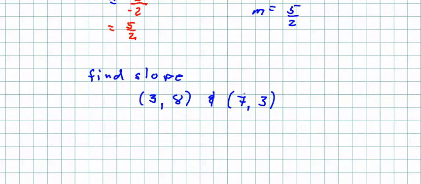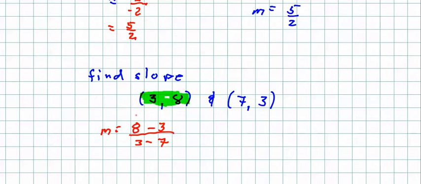Again, you determine which is your first point, which is your second point. All right. I'm going to have this be my first point because I wrote it first. Does not matter. So I have 8 minus 3 over 3 minus 7.